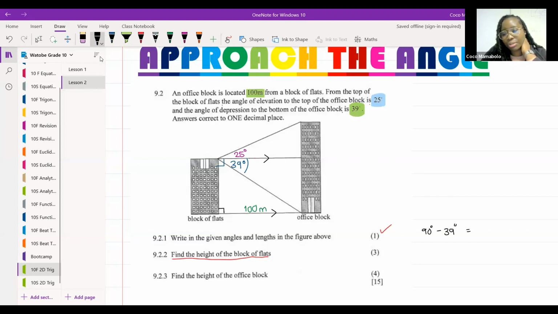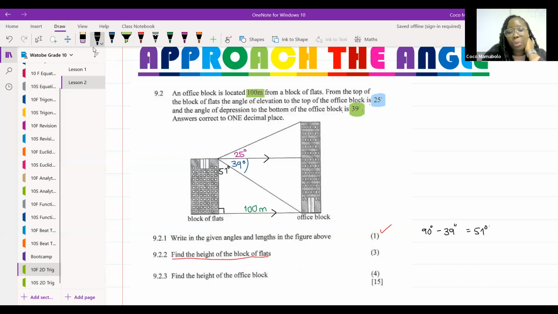Which is 51 degrees. So this angle over here would be 51 degrees. I was testing you. You passed. Well done. Okay, good. 51 degrees. Excellent.